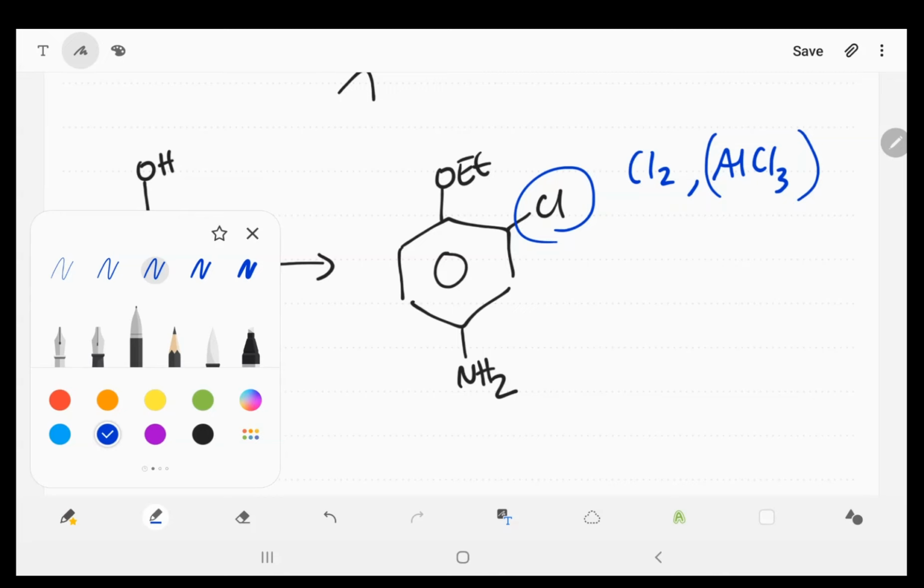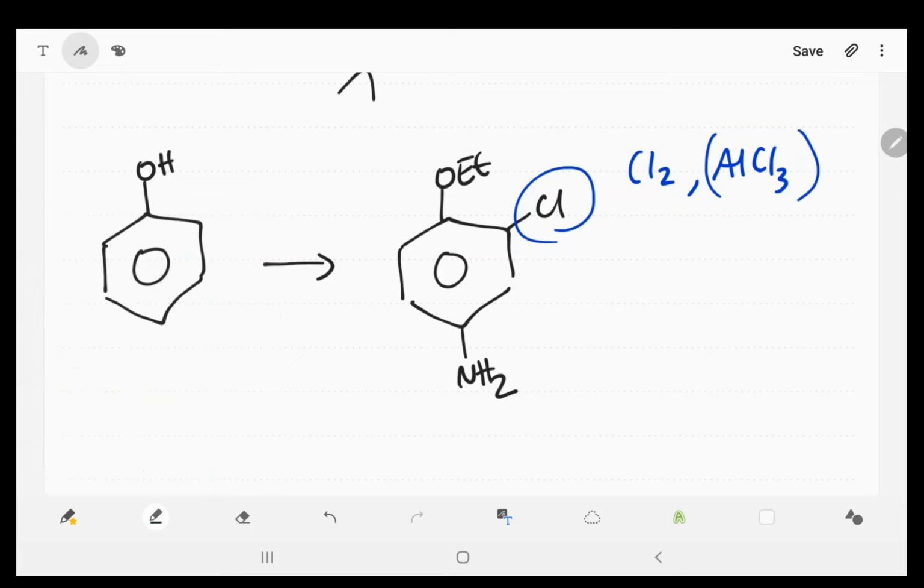Yeah, iron would work there. Typically aluminum chloride is easier to use because the iron one gets all sludgy, and aluminum chloride is a nice powder. But FeCl3 would work as well. Even here, because you have such a strong activator, you don't need a Lewis acid to begin with. But we'll put those there.